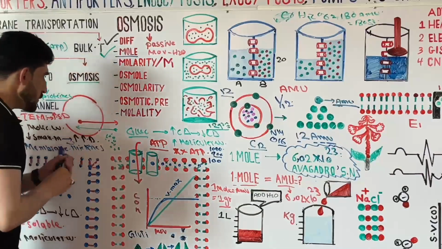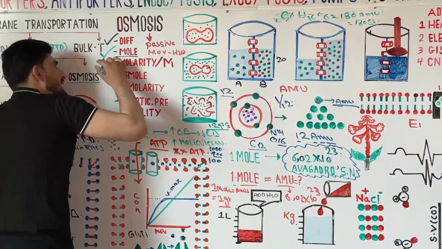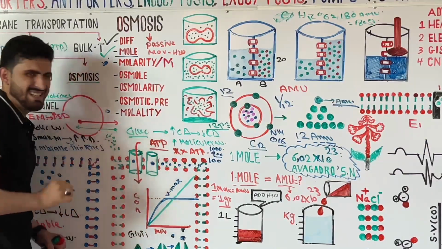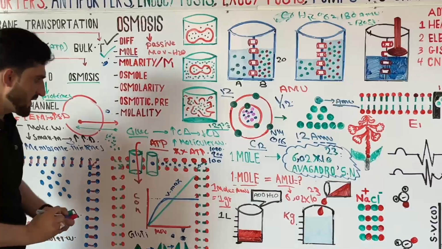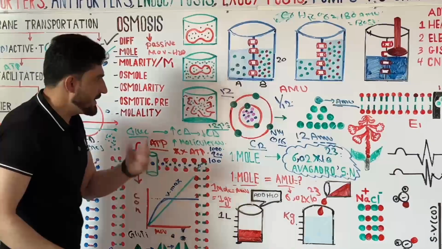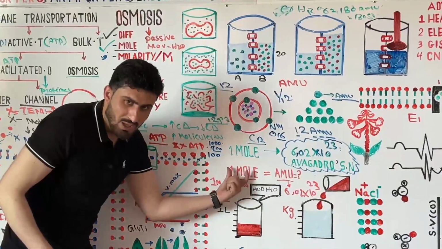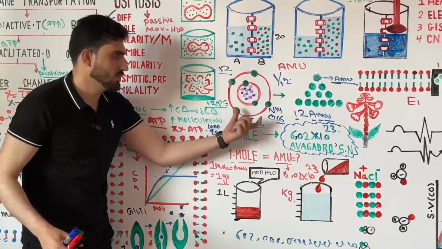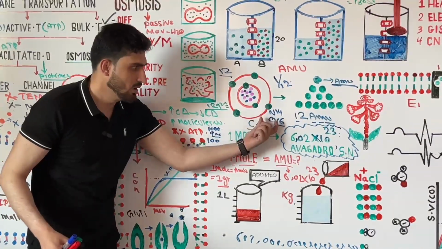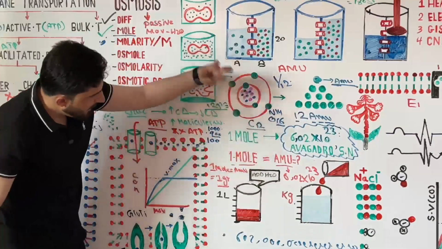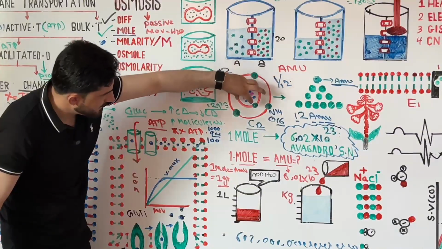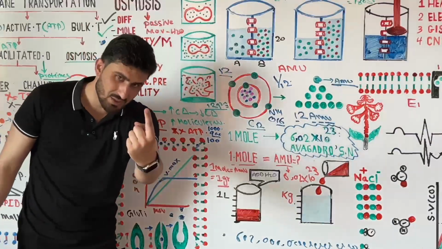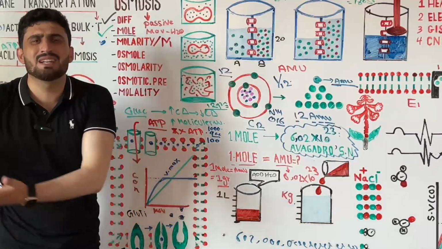Now, what is molarity and what is molality? This is so easy. If I take 1 mole of a substance, for example carbon, nitrogen, or oxygen, anything, and I put it in 1 liter, this is molarity.